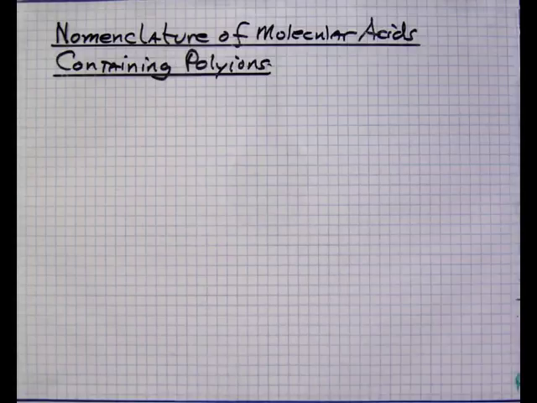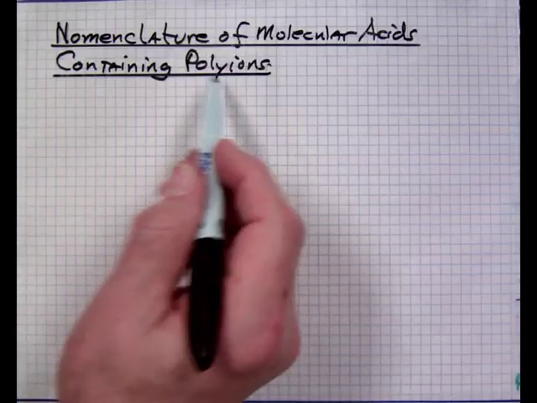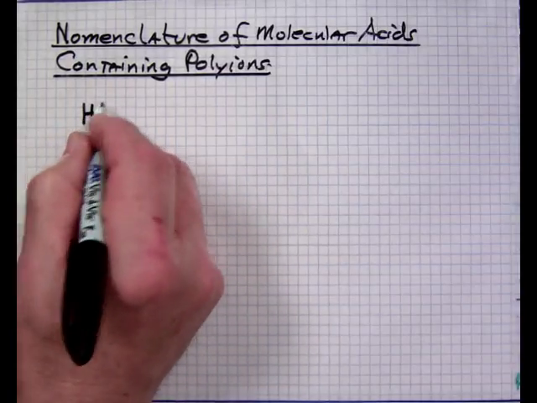It is very important that you learn your polyions in order to do what we're doing here. Now, this is very simple. A molecular acid containing a polyion is using hydrogen.